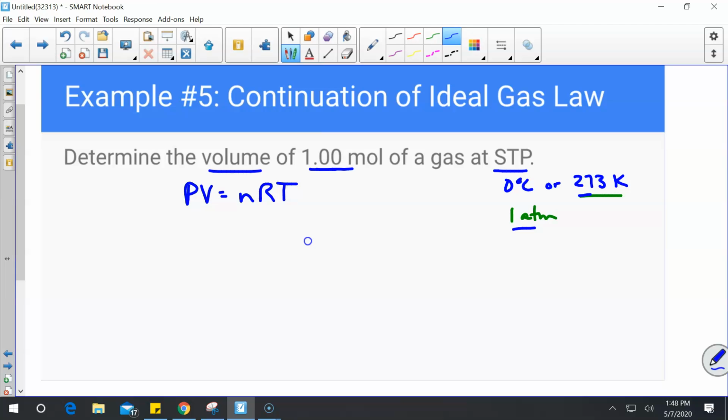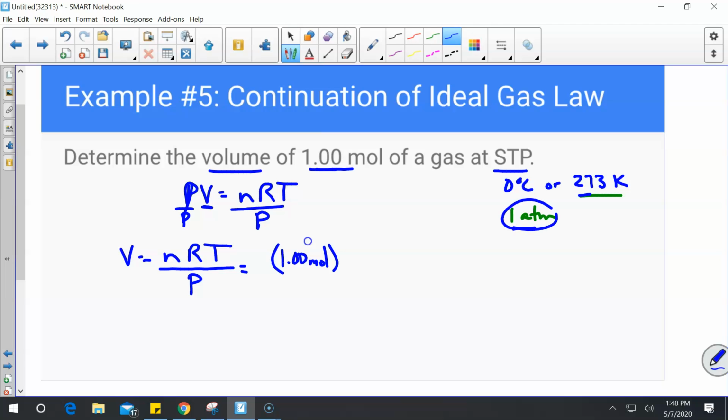Now, they want volume, so I'm going to divide by P here. So there's my equation: volume equals nRT divided by P. If I plug in my numbers, I have 1 mole of this gas times R, and I'm going to stick with 1 atmosphere for my unit, so that's 0.0821 liters times atmospheres over moles times Kelvin. There's a lot of units to that.